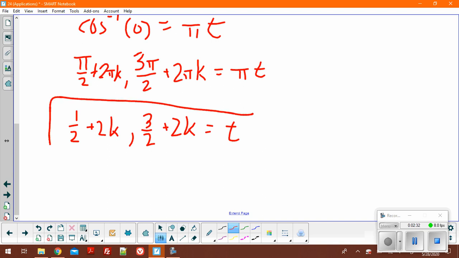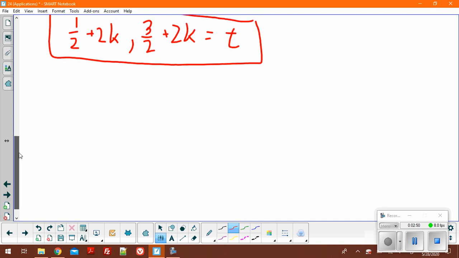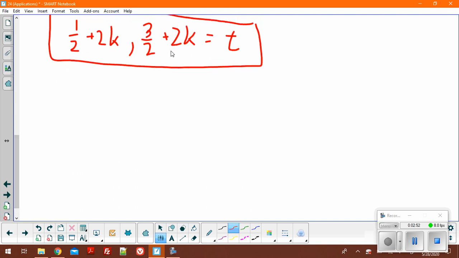So realistically, a half second and 1.5 seconds, plus the period, which is 2 seconds. Now one of these is probably the max and one of them is the min, right? We know it's a trig function, so we're going to get one of each. So the question is, which is which?